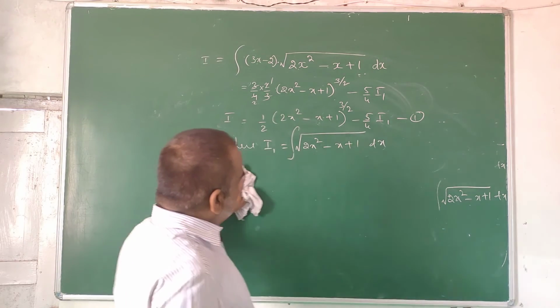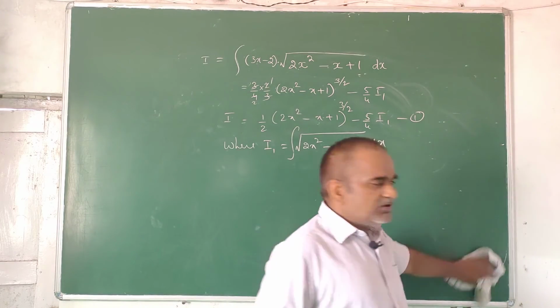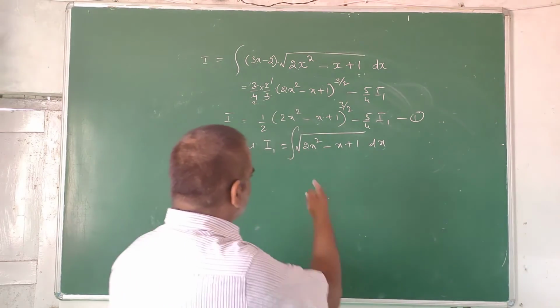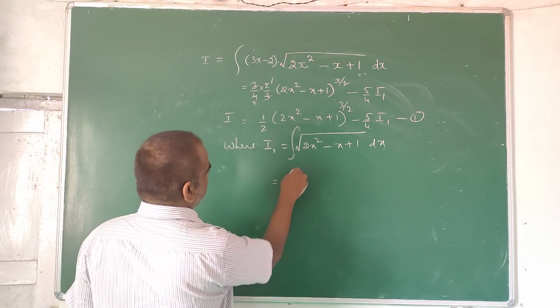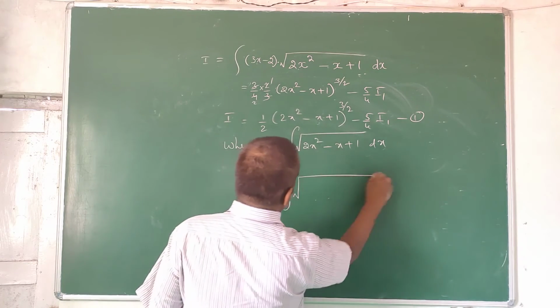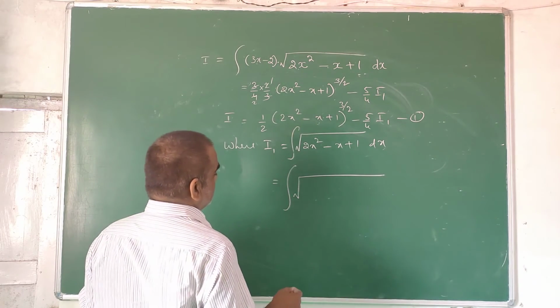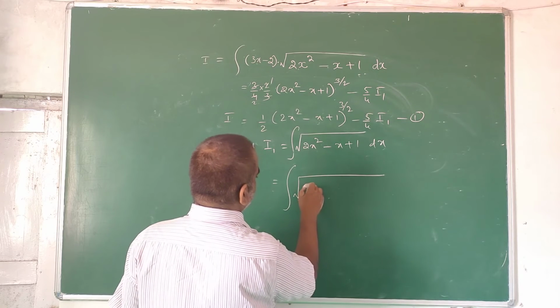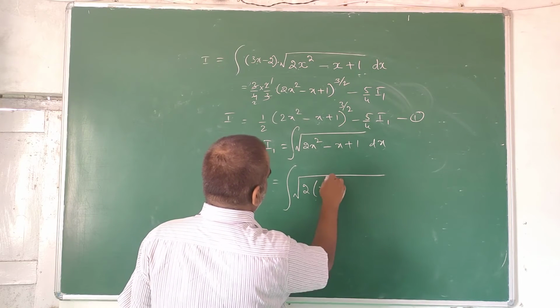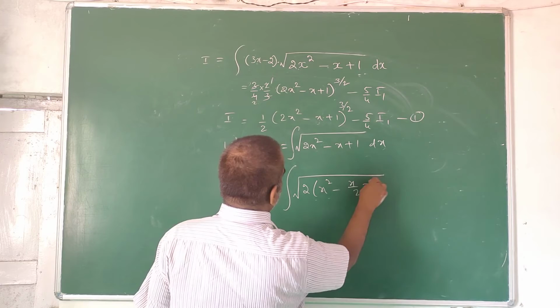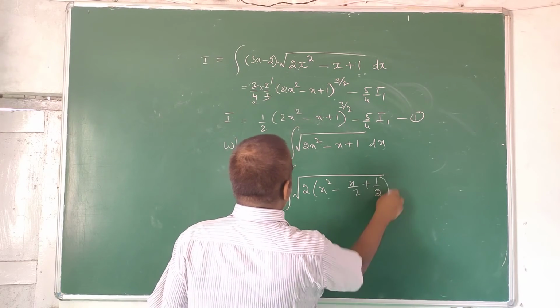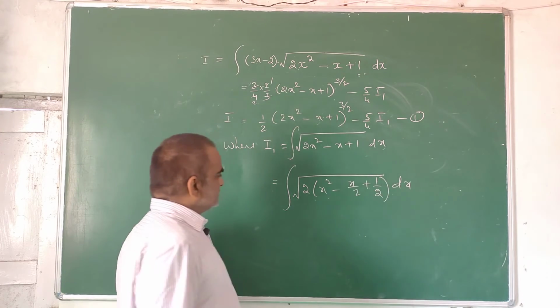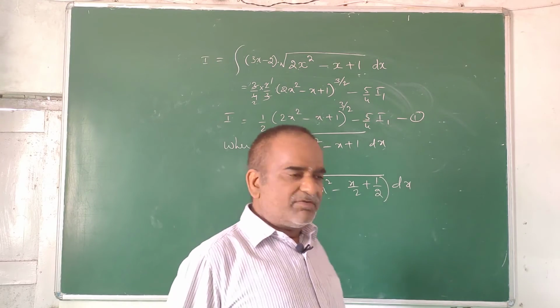Now you have to evaluate this, right? So to evaluate this, first inside of the square root, take 2 common. So you will have x square minus x by 2 plus 1 by 2 dx. Then root 2 comes out.